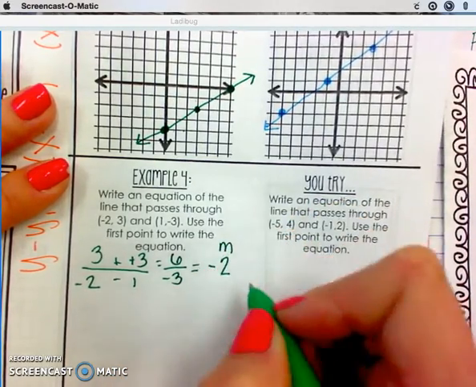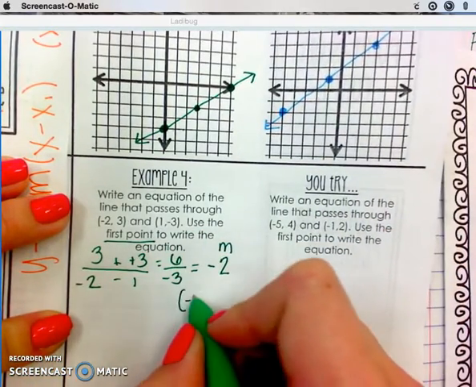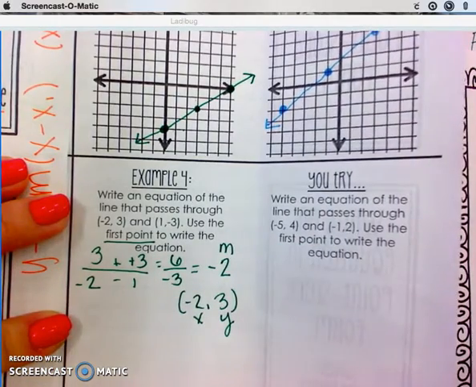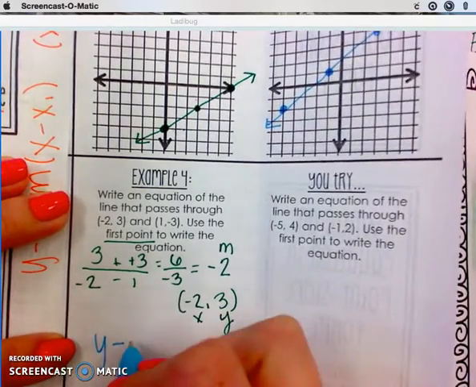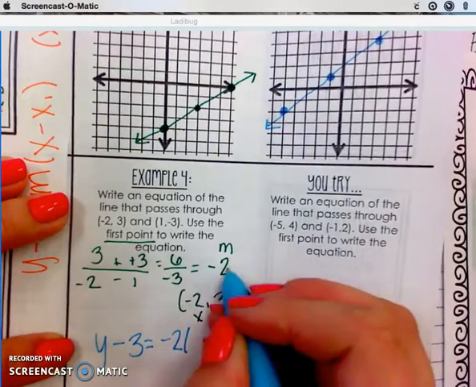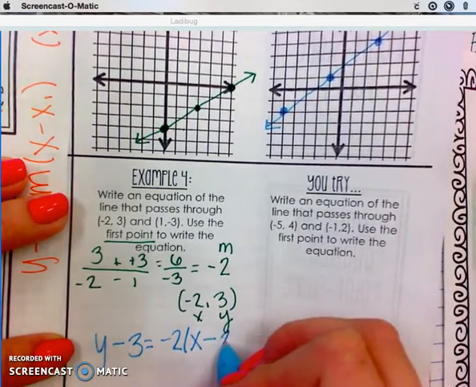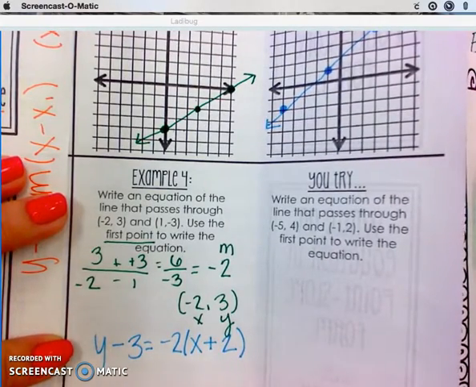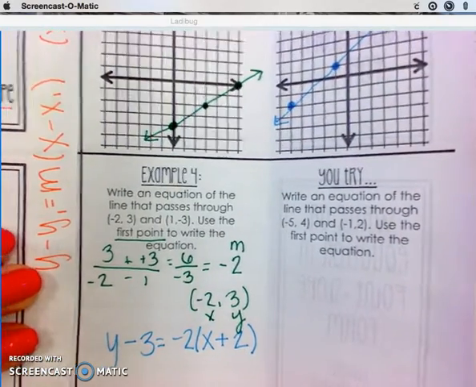That's my slope. And it says use the first point, so (-2, 3) as my x and my y. y minus my y1, which is 3, equals my -2 slope times x minus -2, which is a +2. And you can pause the video and try the next one.